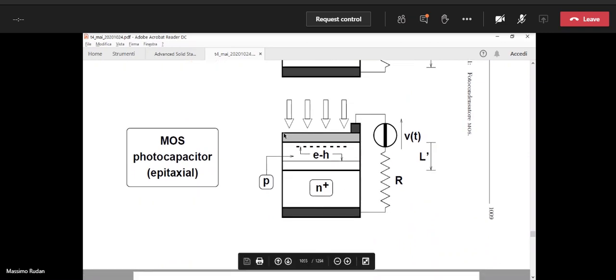So there is no surprise in seeing that many of the complicated arrays of optical sensors are made of putting photocapacitors one near the other, to build matrices or arrays made of photocapacitors.